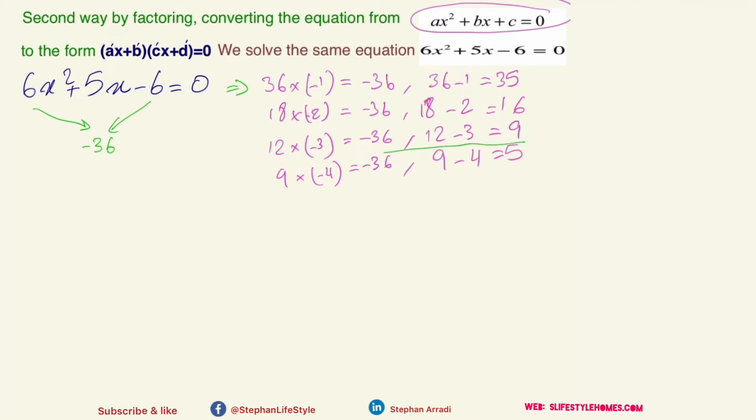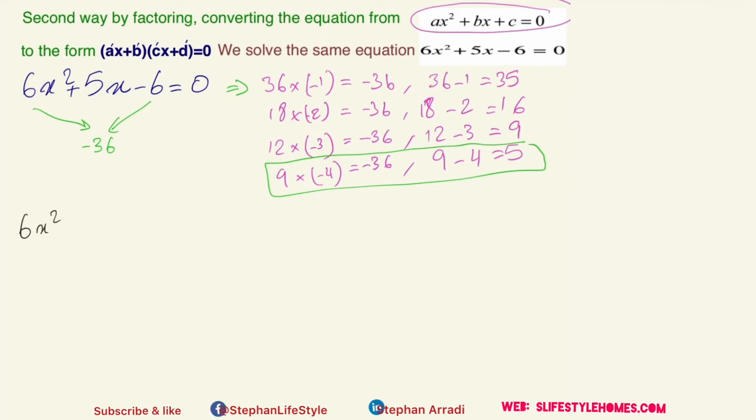This here, our boy here, we are going to use this one. We have to work with those two numbers to find the solution, the relationship. So we have 6x squared plus 5x minus 6 is equal to 0.